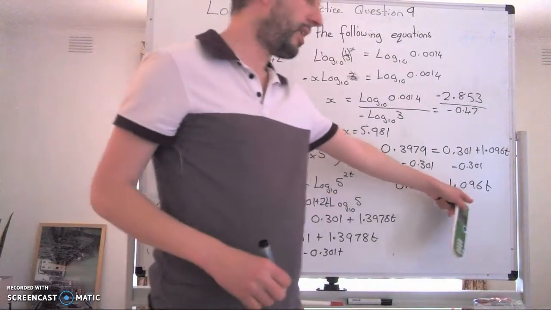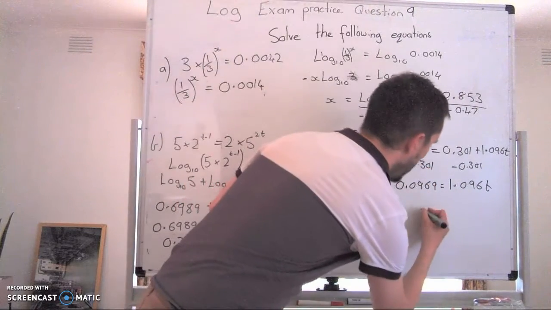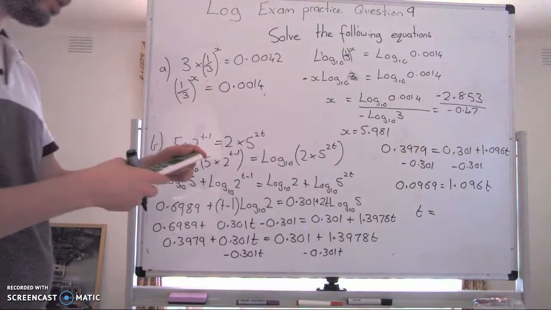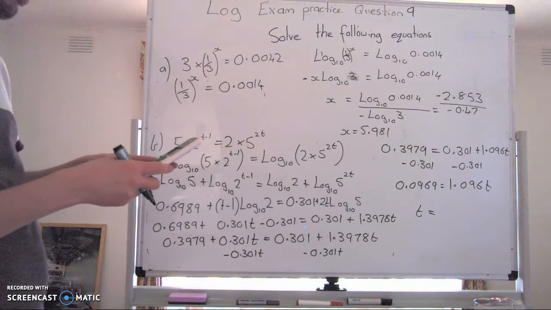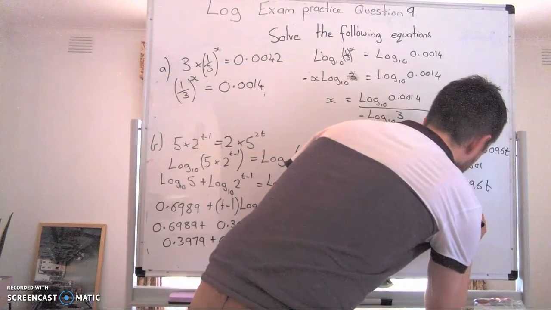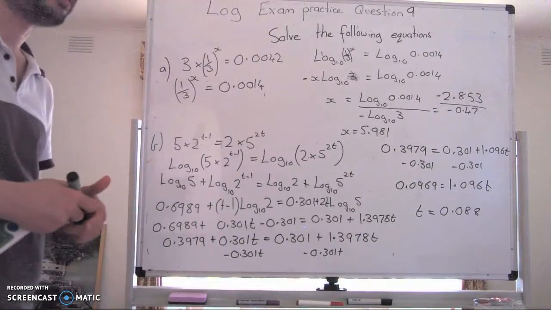Again, I need to get t by itself. So to do that, I need to divide both sides by 1.096, and that is going to give me what my t equals. So if I divide it by that, that gives me 0.088 as my value for t.